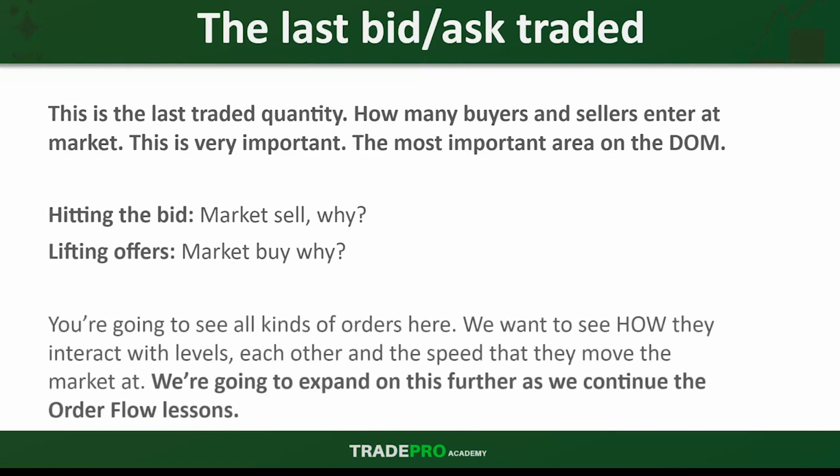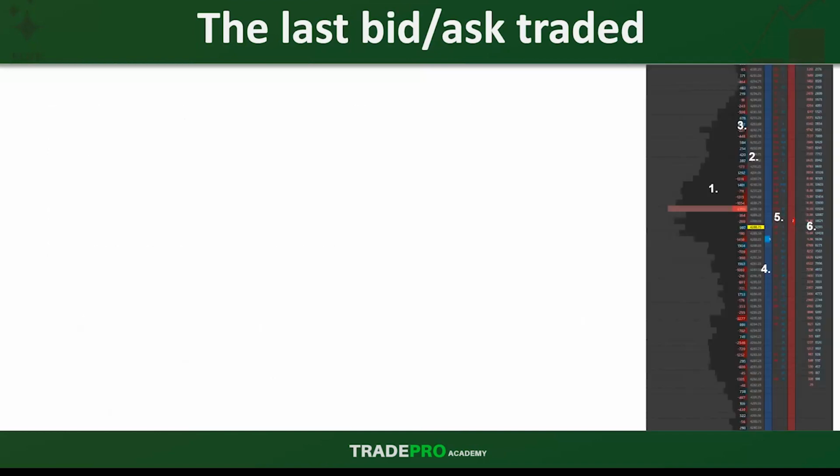You're going to see all kinds of orders here. We want to see how they interact with levels, each other, and the speed at which they move the market. I'm going to expand this in a bit, but the main premise we have to know about market orders that come in at number 5, where the big market orders are coming in, is something we're going to do a replay on today.